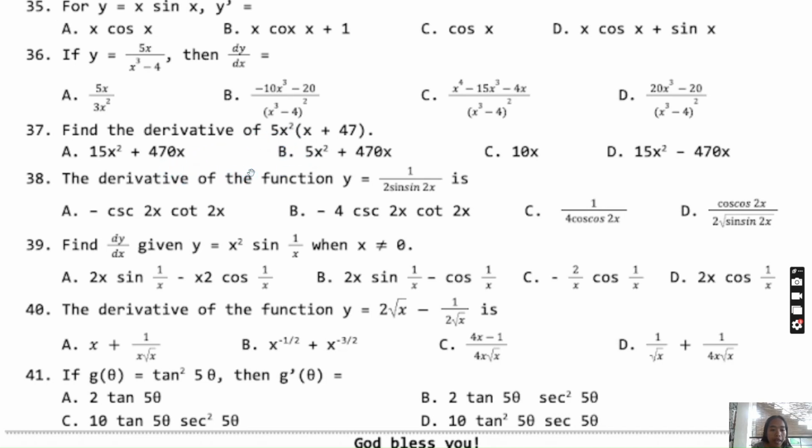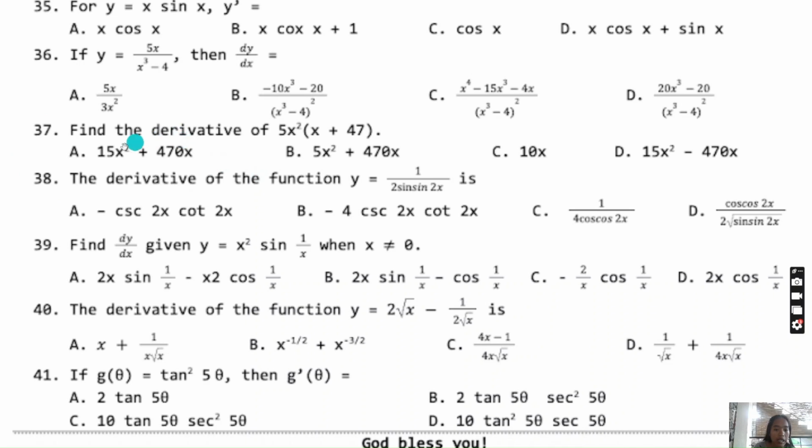Because if we find that derivative, we'll arrive at this answer in letter A.